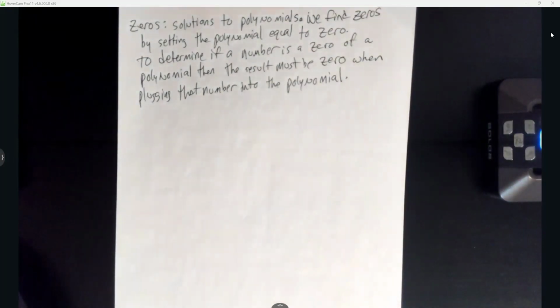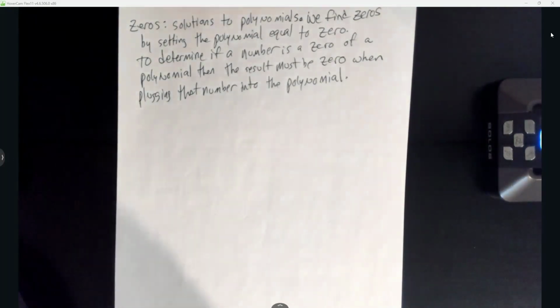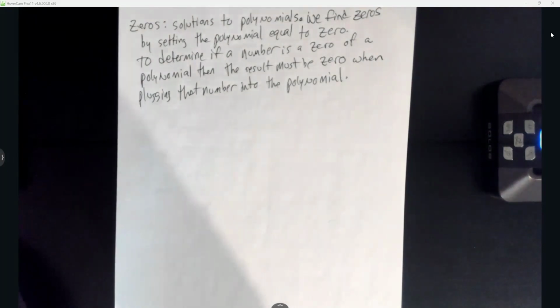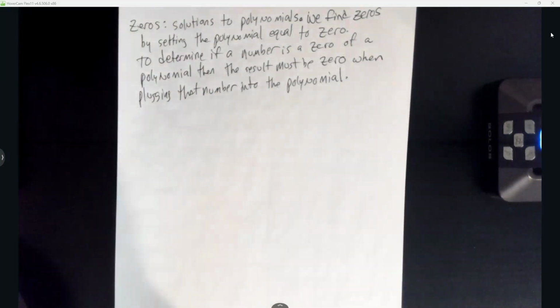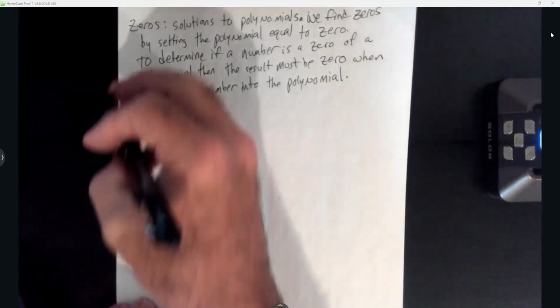So if they give me a number and they want to know if it's a zero of a polynomial, we have to plug the number into the polynomial and do all of our order of operations. If we get a zero, then it would be yes. Any other number, we would put no, okay?